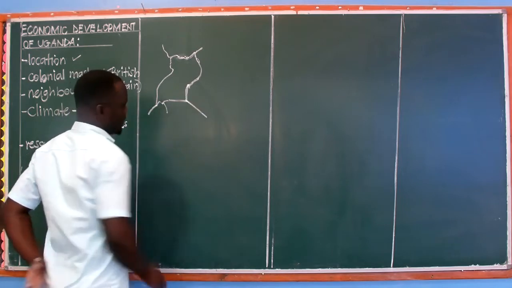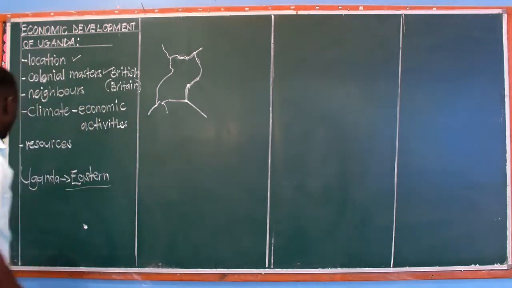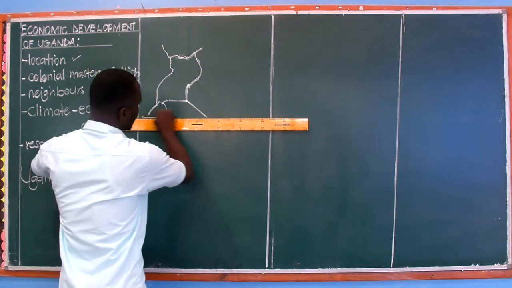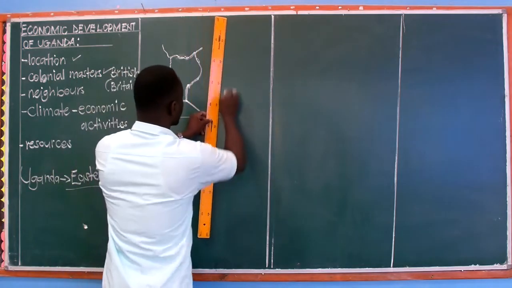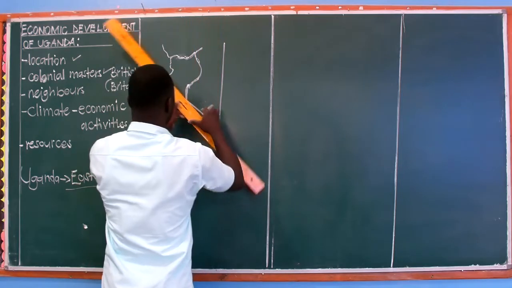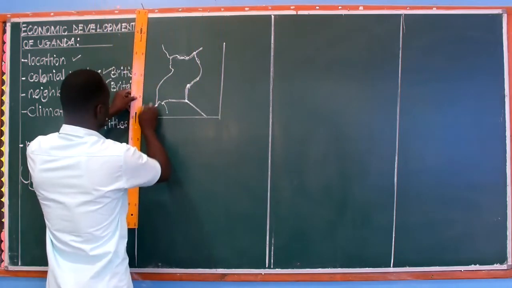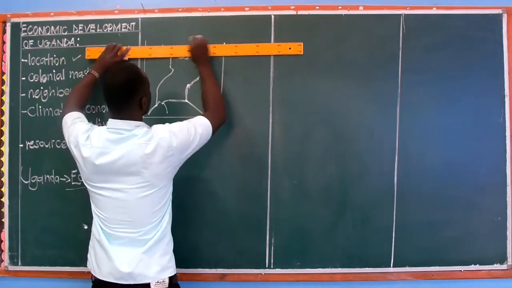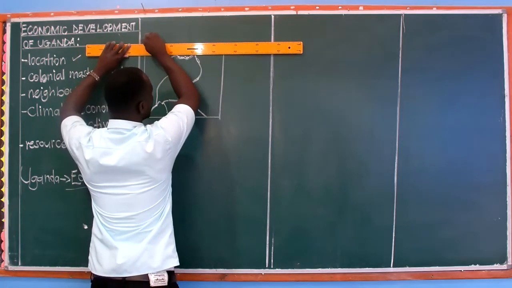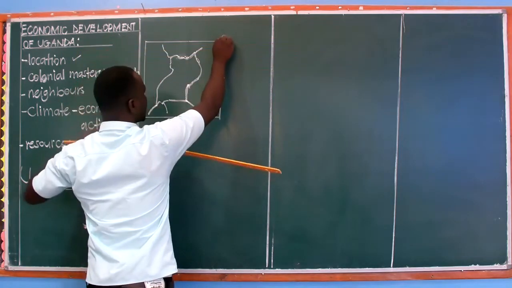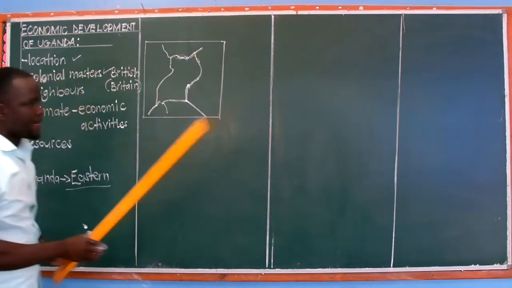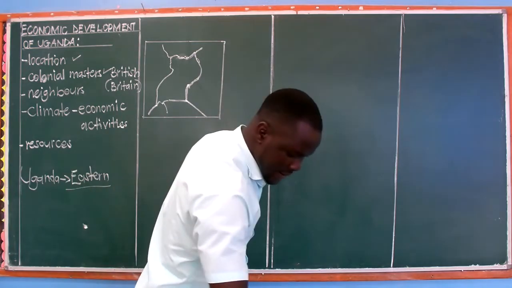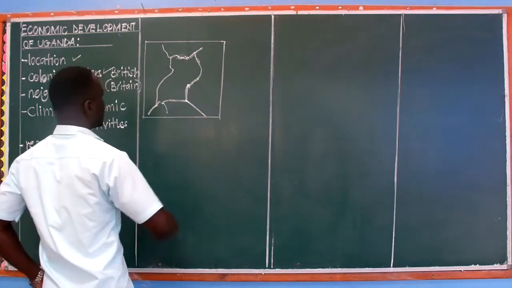This is the country that we are talking about. So, as we can see on the board, Uganda borders the following countries.